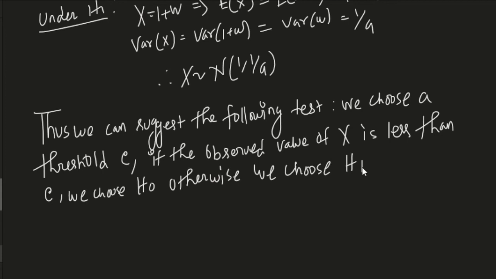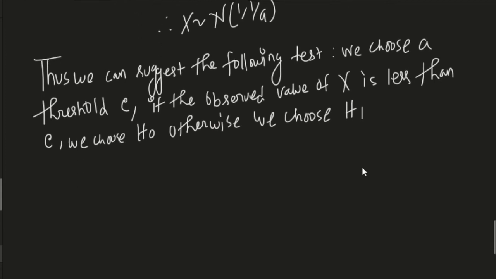Otherwise, if it is larger than c, we choose H1. So that's what we are going to do. Now to choose that c, we are going to use our required alpha. So let's see.